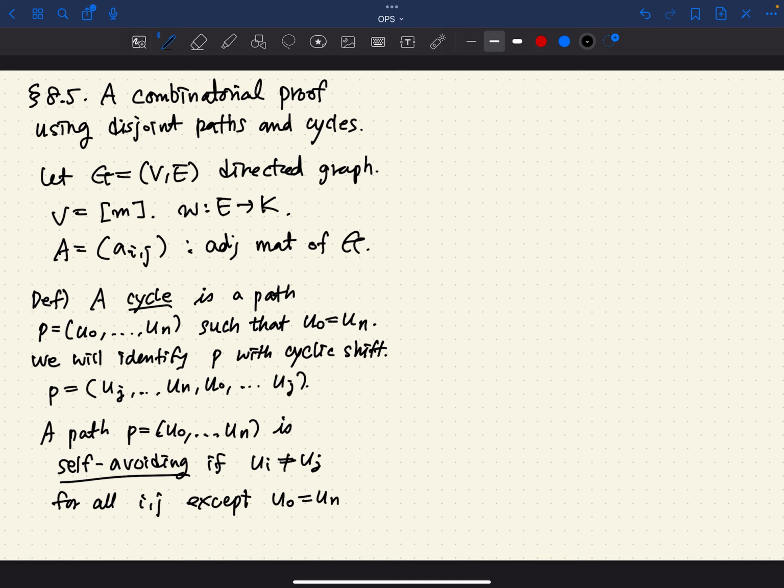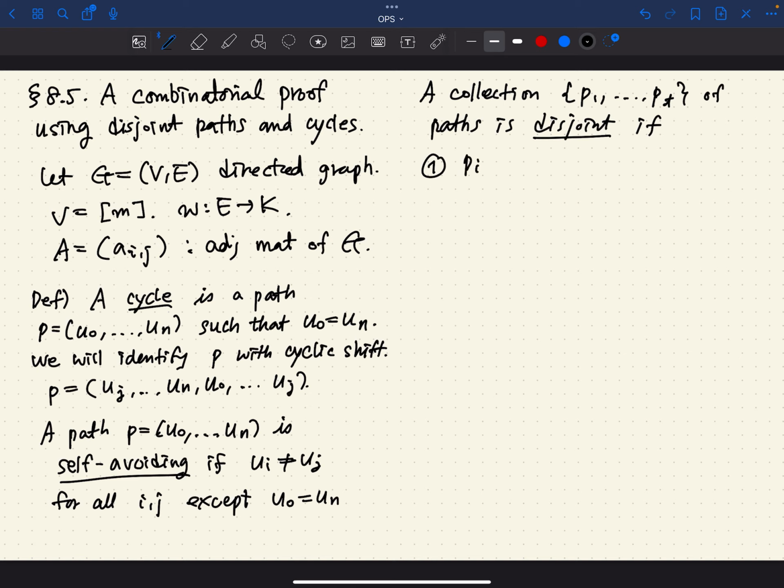We need some more definitions. We have a collection of paths, P_1 through P_t, let's say. A collection of paths is disjoint if, first, every P_i is self-avoiding, they don't have intersections by themselves. And second, we have no intersection between P_i and P_j.